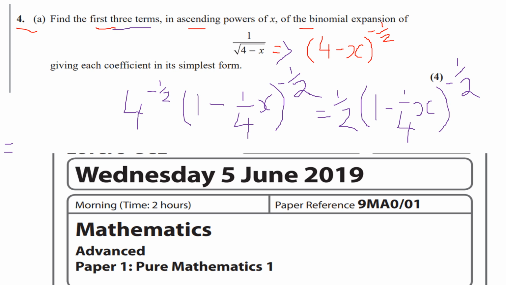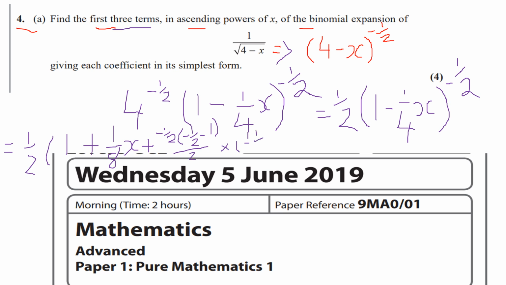We're going to have a half brackets 1 plus 1/8 x, because minus a quarter times minus a half becomes positive 1/8, and then plus n times n minus 1 over 2 factorial, which is 2 times 1, which would be 2. And then we multiply that by minus a quarter x squared.